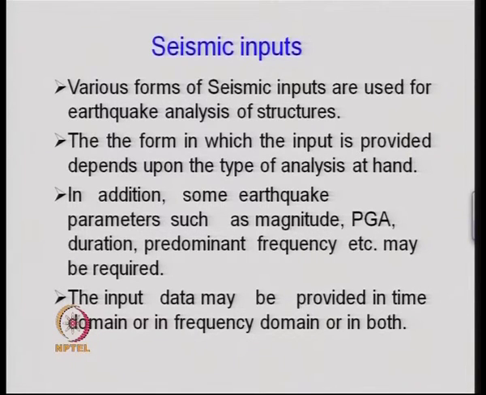In addition, some earthquake parameters such as magnitude of earthquake, peak ground acceleration, duration, predominant frequency, etc., may also be required. The input data may be provided in time domain as well as in frequency domain or in both.